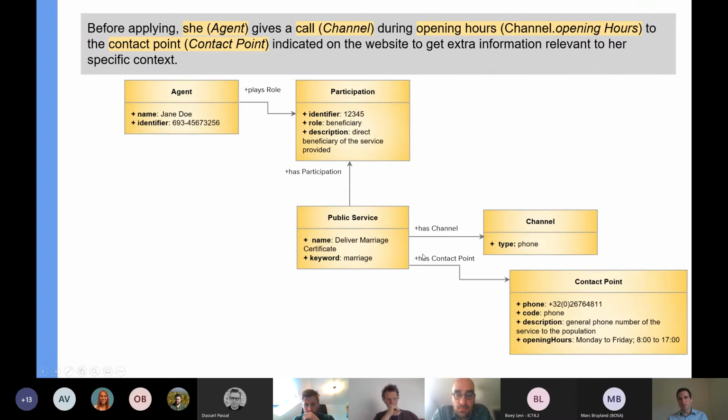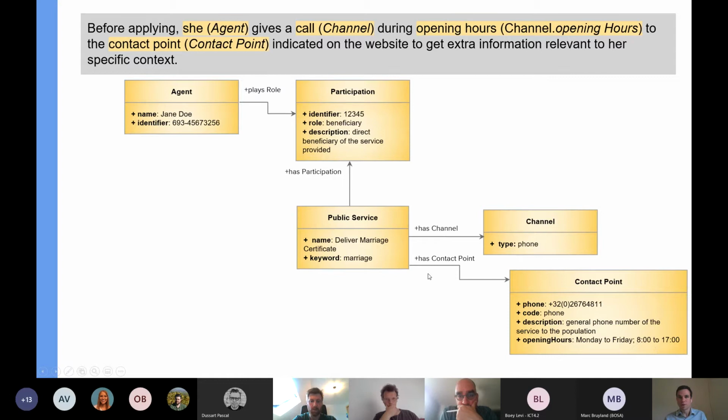Then, as from the moment the person's identified information within the web page, she would like to get extra information to her questions, and so she finds information about a contact point with a phone number and general opening hours for this contact point, Monday to Friday, 8 to 5.